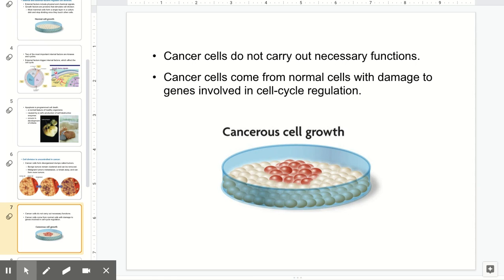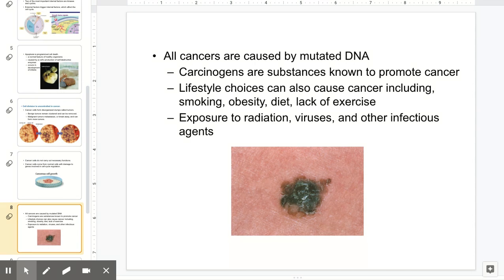These cancer cells don't do normal growth. They will mound up and grow on top of each other. They don't respond to signals that say stop going through cell division. They just keep going.